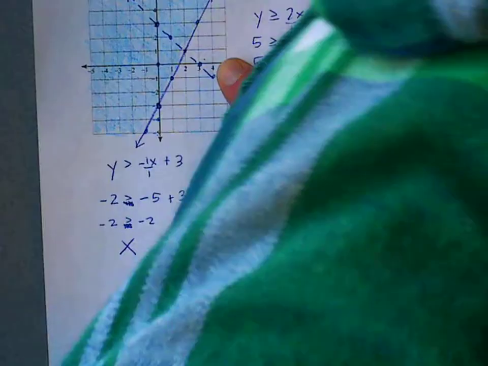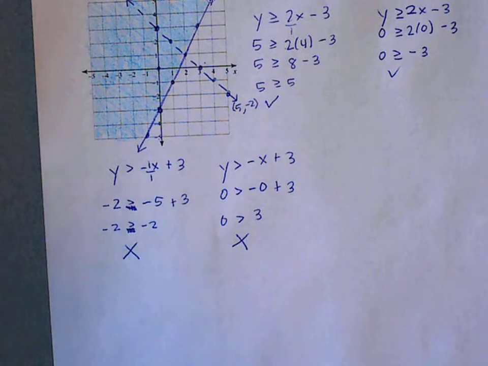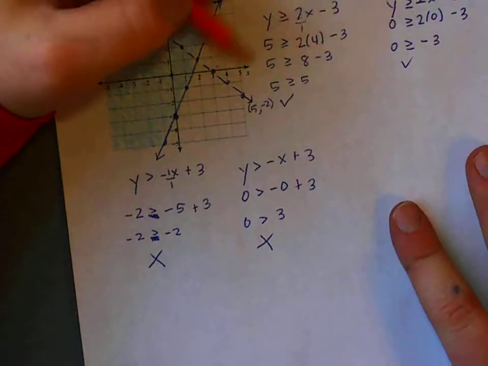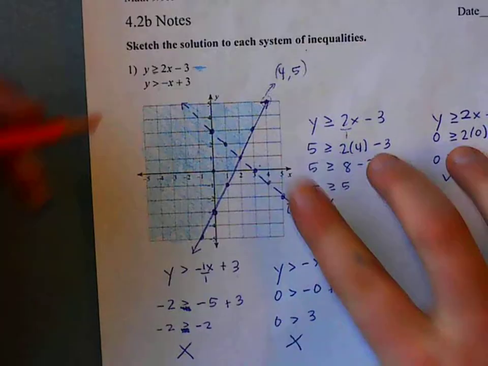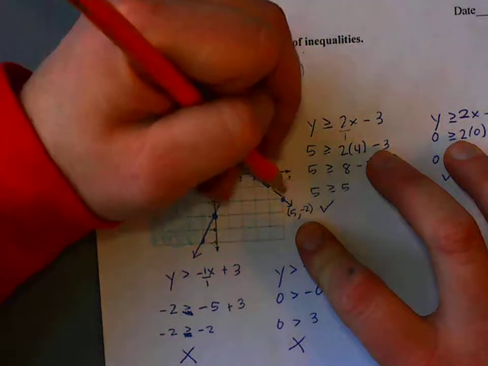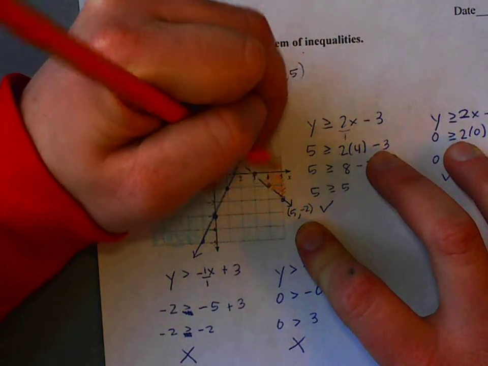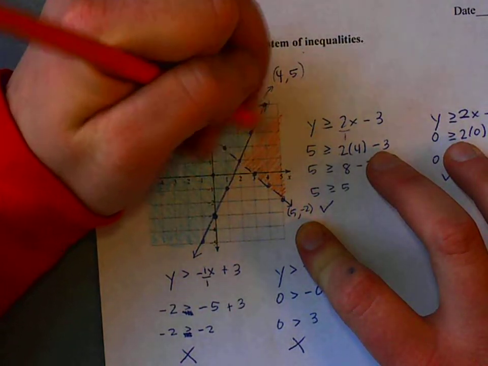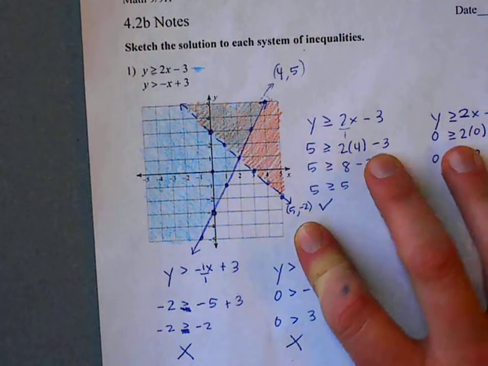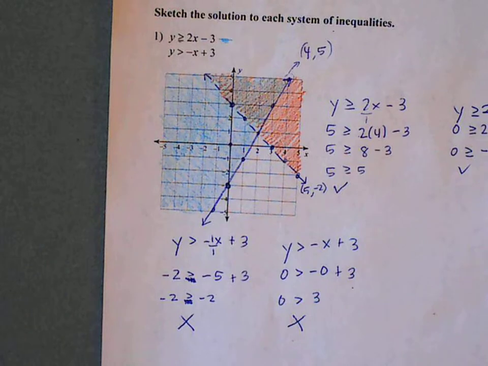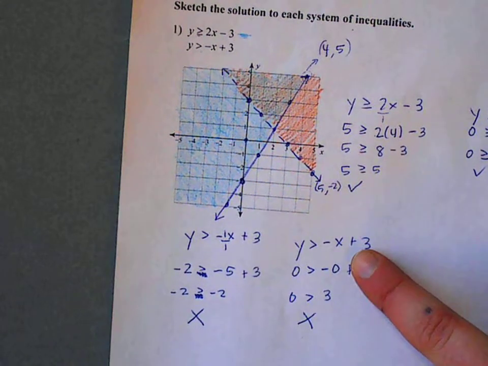So to show that, I'm going to shade in everything that's on this side of the line, because that's everything that'll make that inequality work.